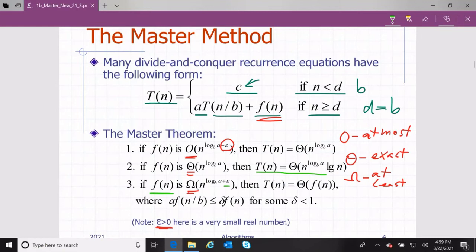Then T(n) will be just f(n). f(n) dominates the time needed for the divide and conquer algorithm.